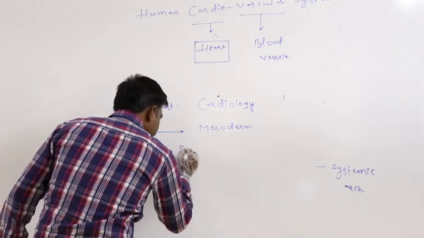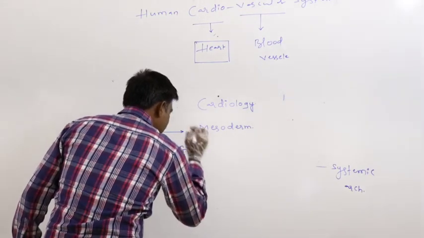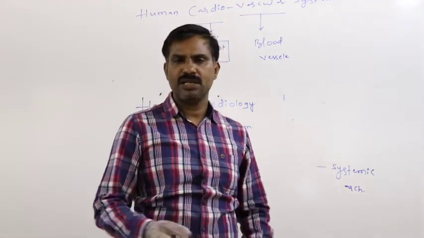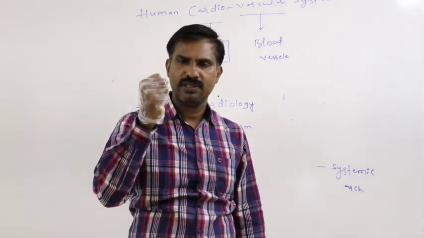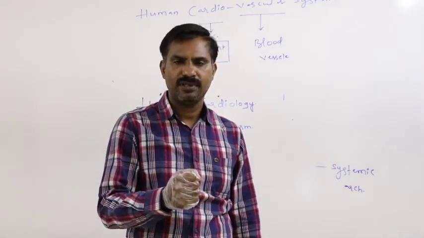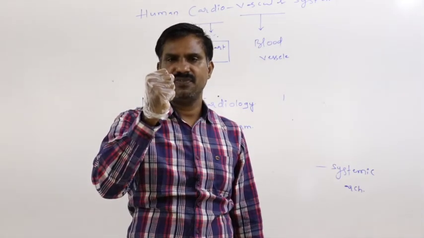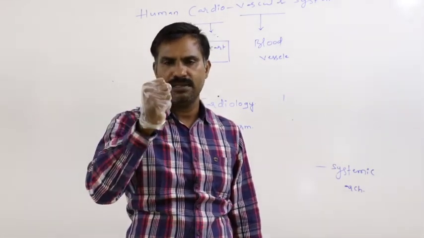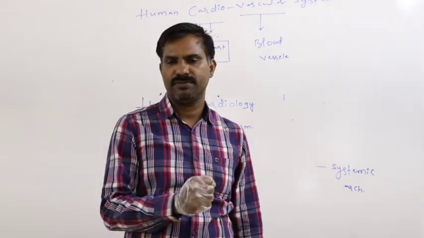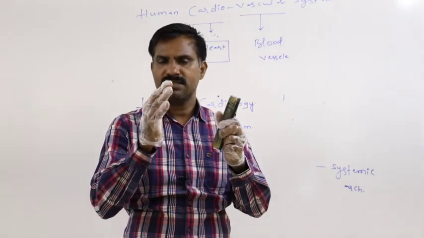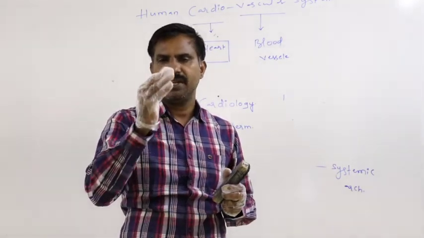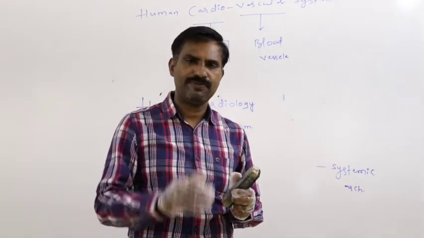What is the size of the heart? The size of a person's heart is equal to the clenched fist of that person's right hand. In all persons, the size of the heart is not uniform; it varies slightly from person to person.